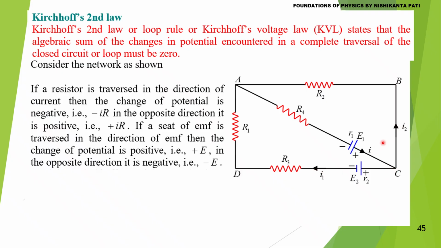So I2 plus I1 must be equal to I according to Kirchhoff's first law. So in the path CBA current flowing is I2. In the path CDA current flowing is I1. Both I1 and I2 merge at A and become I and flow along A to C.